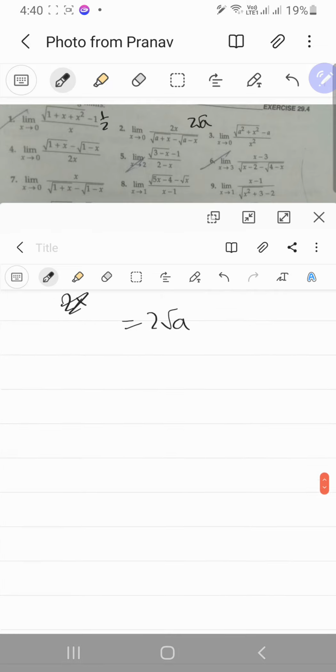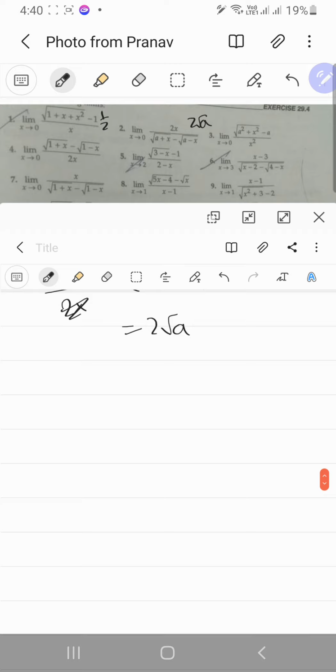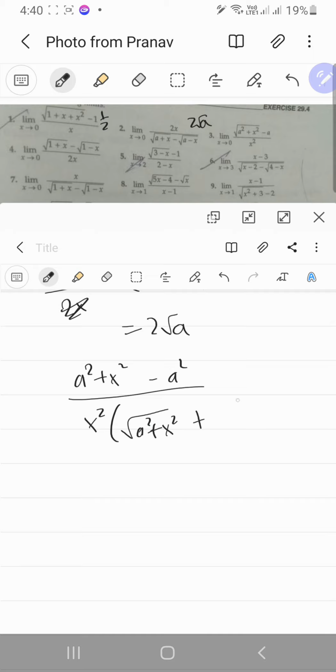Next question, square root of a squared plus x squared minus a upon x squared. Yeah, this is also doable. So a squared plus x squared minus a squared upon x squared into square root of a squared plus x squared plus a, correct? So first of all this cancels and this 2 cancels.